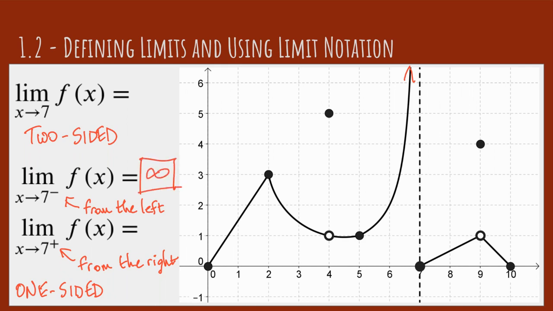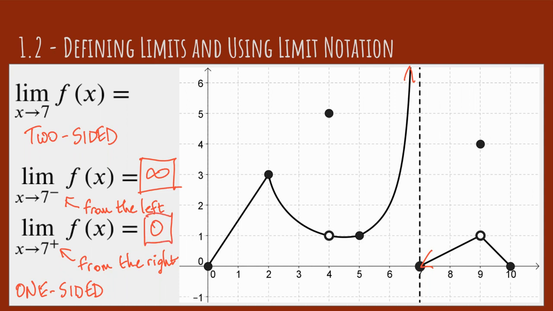So we're going to say that that's infinity. It would not be wrong to say that limit does not exist. And we'll talk about some nuance there with infinity and does not exist. We'll get into that later in the course. From the right side, as x is approaching 7 from the right side, the value of the function itself is getting closer and closer and closer to 0, so that limit is going to equal 0.